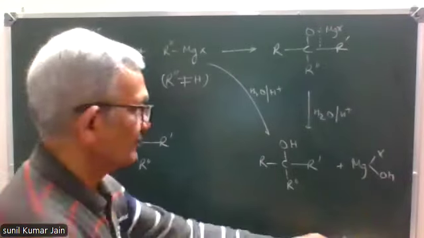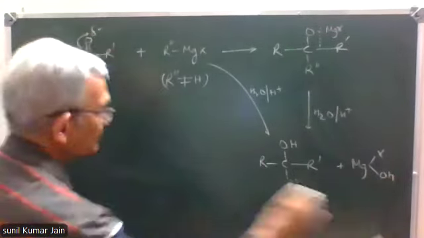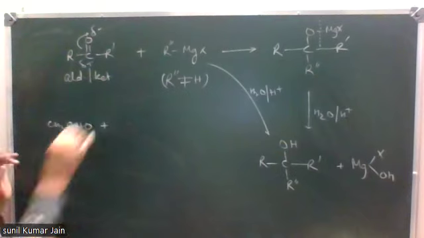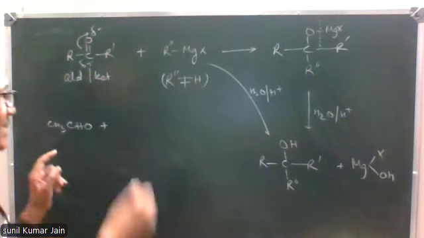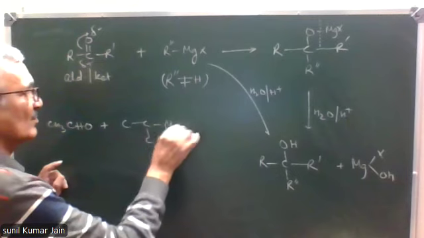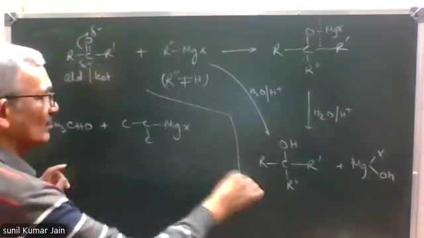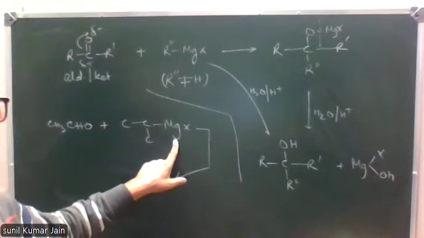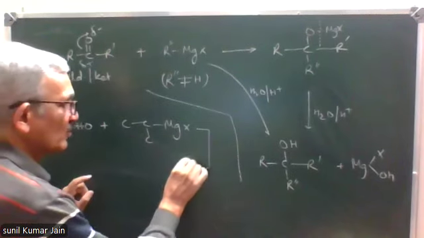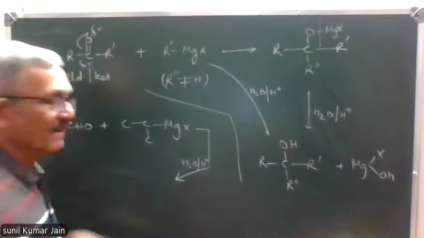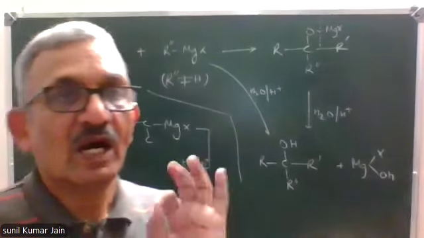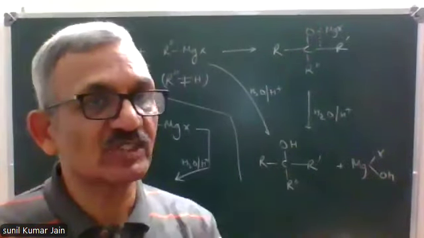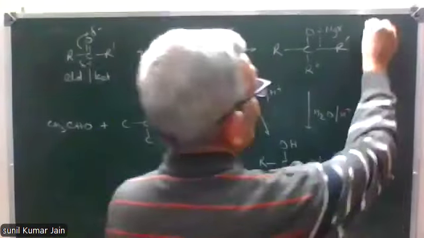Pattern. For example, CH3CHO with isopropyl magnesium halide. Above the arrow, I'm writing hydrolysis. How do I write the products? First of all, I should know the structure of CH3CHO. I'm writing it here.